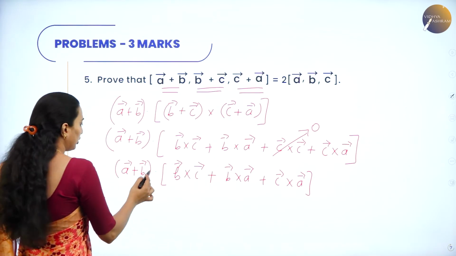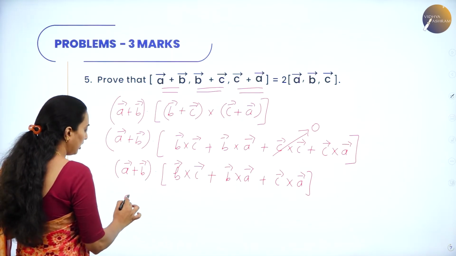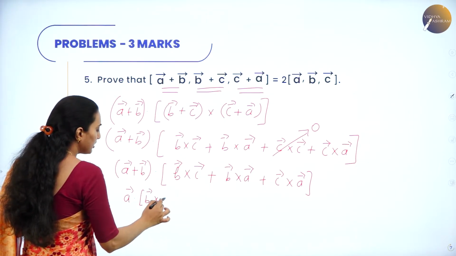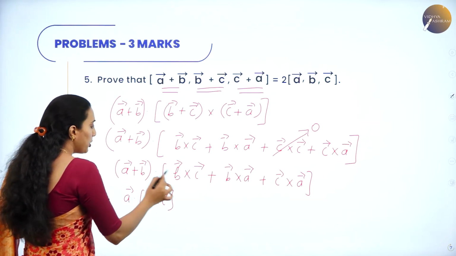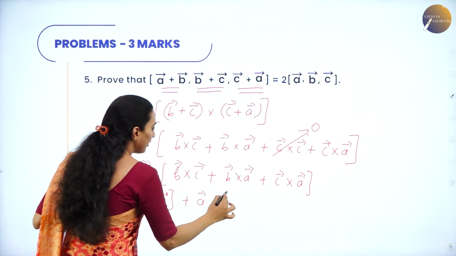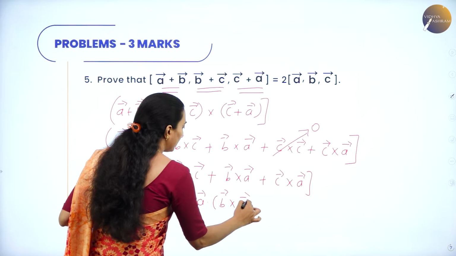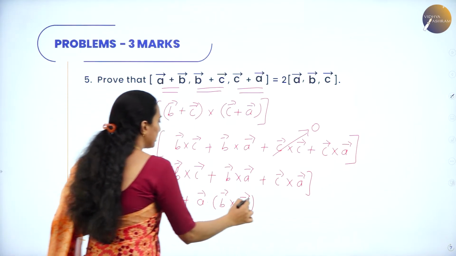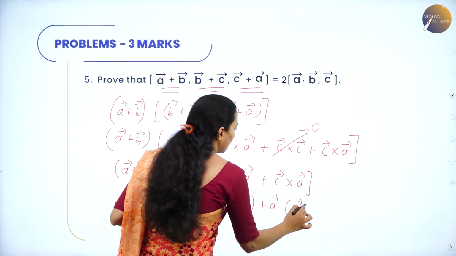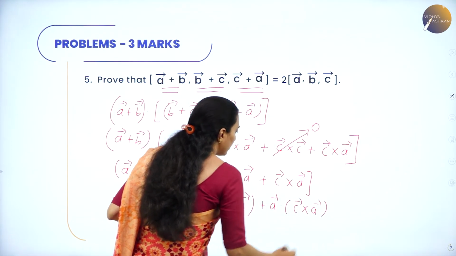Now the dot product: A vector dot B vector cross C vector, again plus A vector dot B vector cross A vector, again plus A vector dot C vector cross A vector.